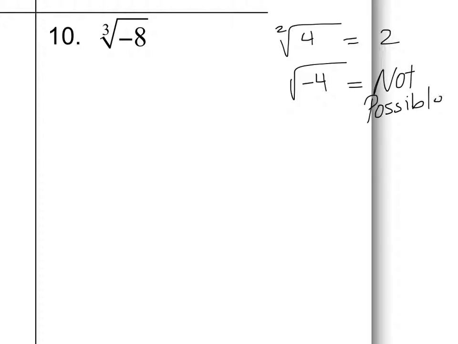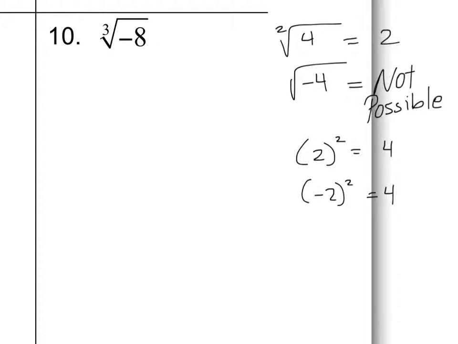Okay? And the reason behind that is whenever you square 2, you get a 4. And whenever you square a -2, you get also a 4. So your answer, whenever you're squaring a negative number, is always positive. So that's why you always have a positive number under the radical.